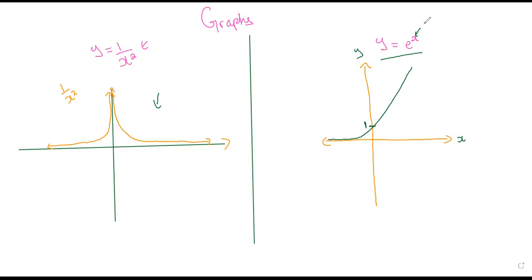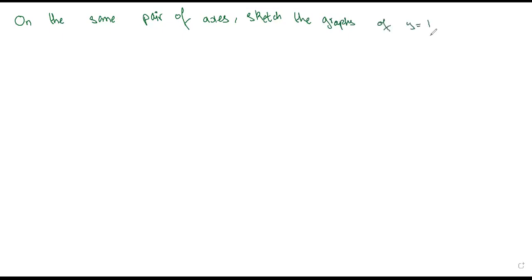All right. So let's talk about this question now. On the same pair of axes, sketch the graphs of y equals 1 by x squared and y equals e to the x, where x is between -4 and 4.